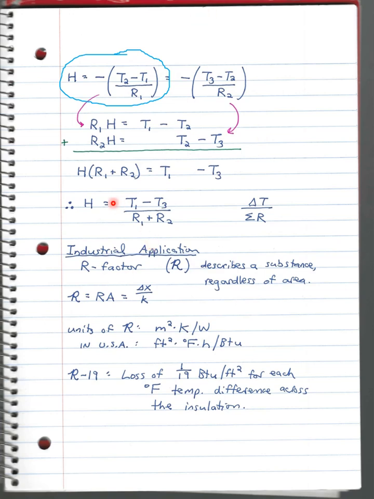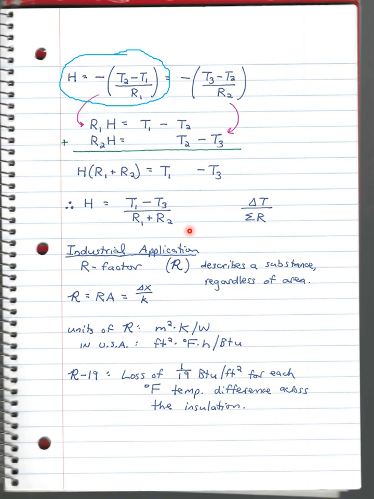And look what happens. On the left-hand side, it becomes HR1 plus HR2. Well, let's simplify that to H times R1 plus R2 equals T1 minus T3. As I mentioned before, the T2 goes away. That's okay. We really didn't care about T2, that temperature in the middle. And what we're left with is H equals T1 minus T3 over R1 plus R2.